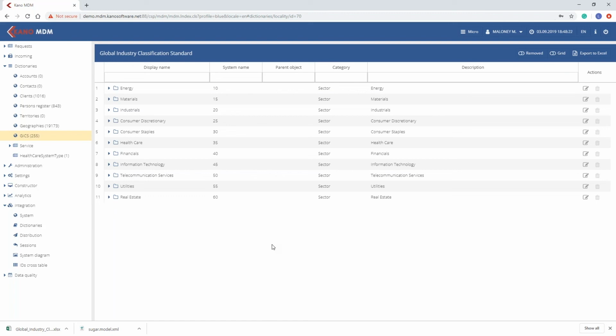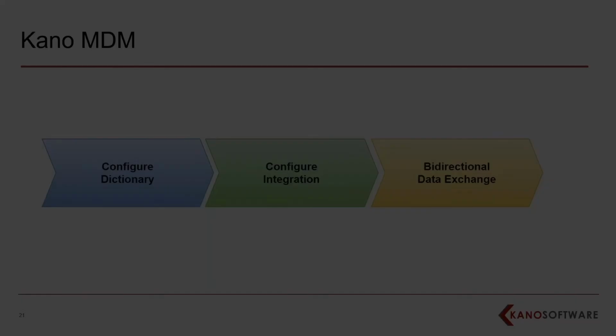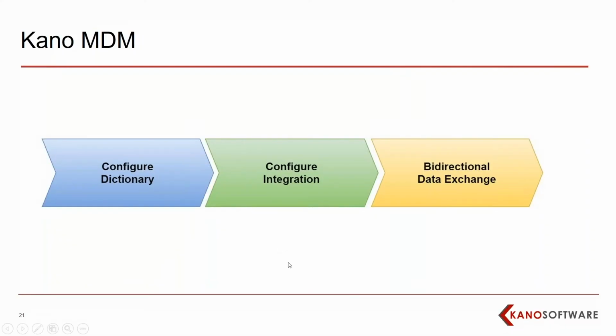So I think that for today, I'm almost finished with the presentation. I will just summarize what we saw today. You just saw how easy it is to start working with our product. You saw that we configured the dictionary.